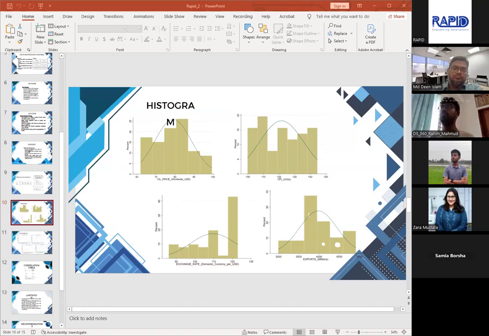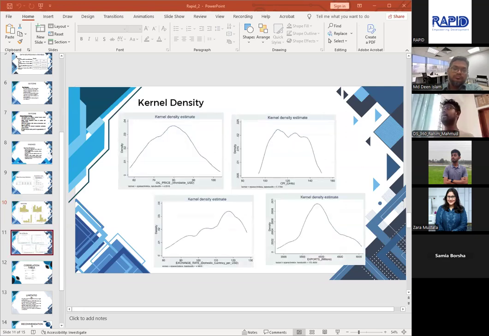Next, we can see the kernel density. This slide shows the kernel density plots of the variables. A kernel density plot is similar to a histogram but provides a smoother estimate of the probability distribution. Unlike histograms, a kernel density estimation is not affected by the choice of class intervals, making it easier to observe the underlying shape of the data.